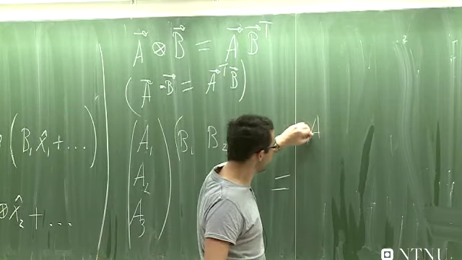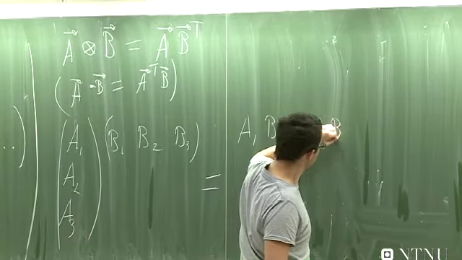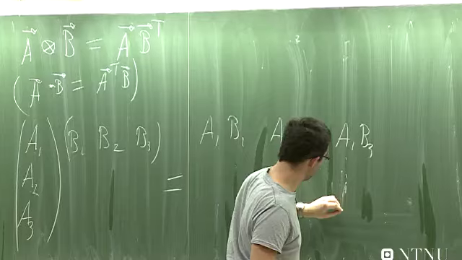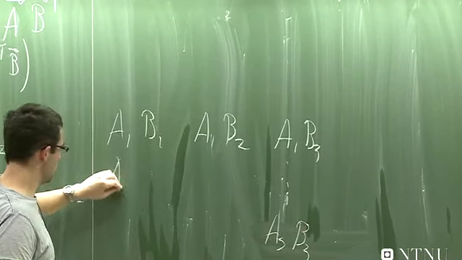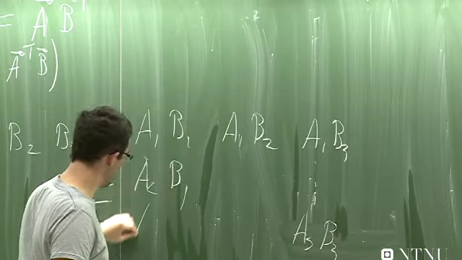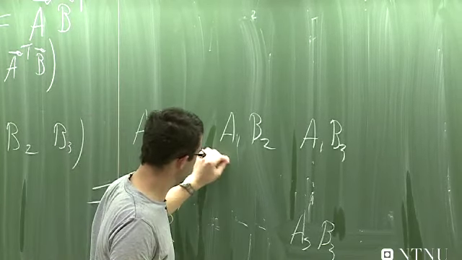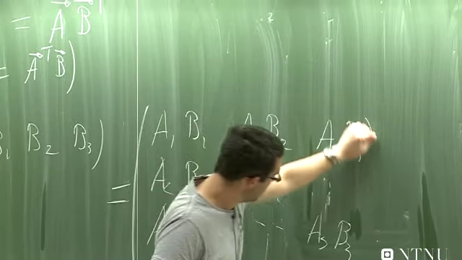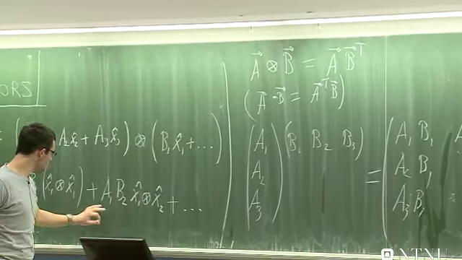So I get A1 B1, A1 B2, A1 B3, A3 B3, A2 B1, A3 B1. The rest you can figure out on your own. So they form a matrix.